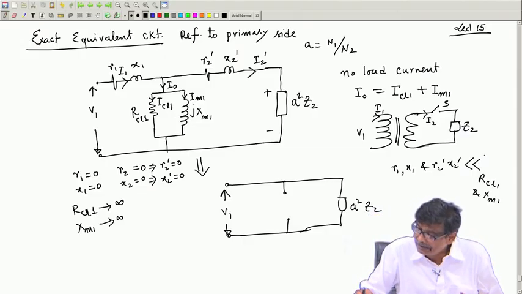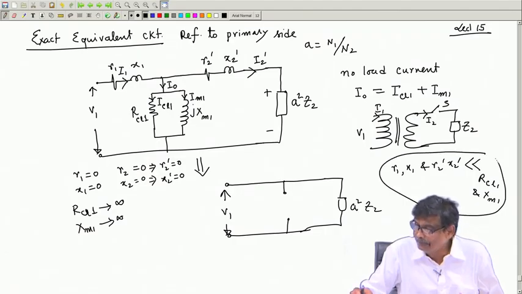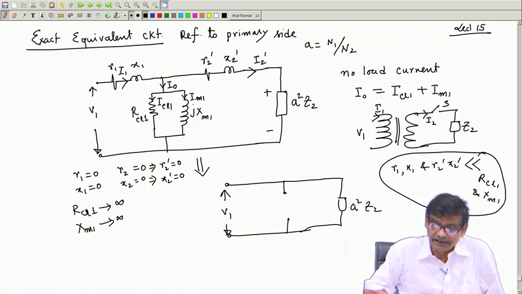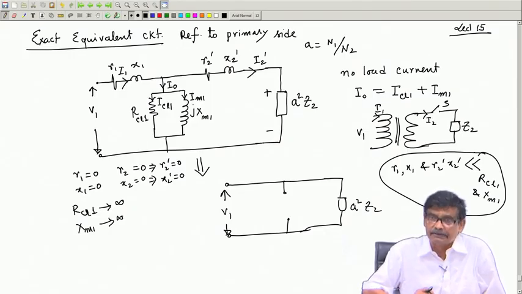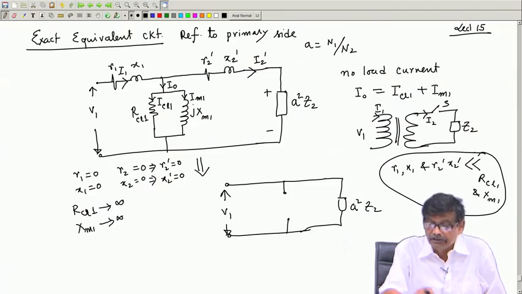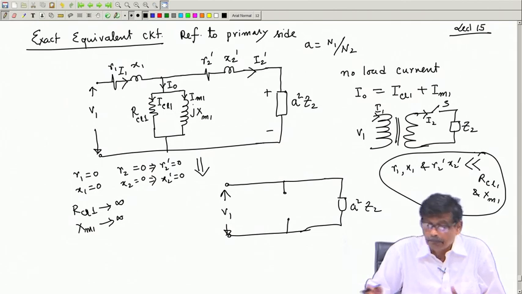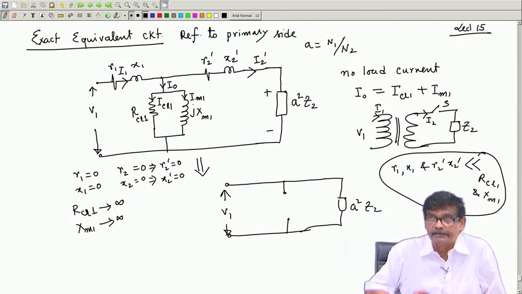But knowing this fact, people also thought that whether some simplifications still can be made to this equivalent circuit based on this knowledge, because these series parameter values are smaller compared to the core loss resistance and XM.